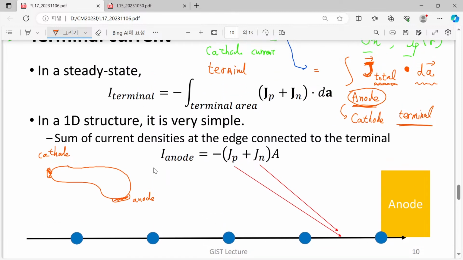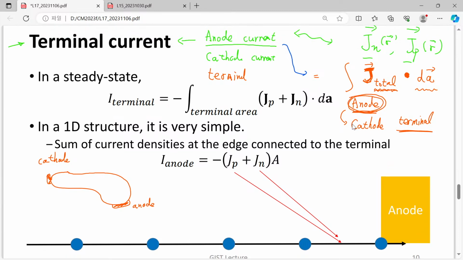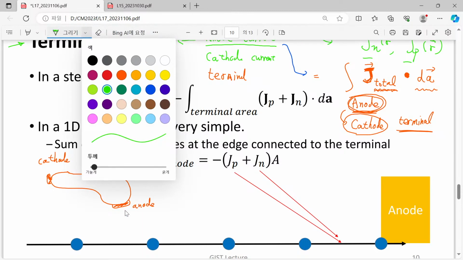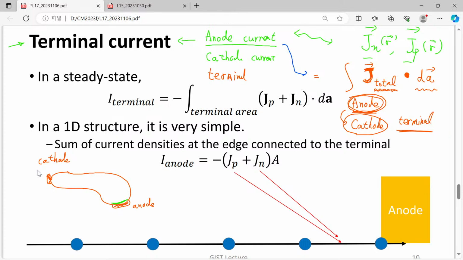Then, although this integration seems to be identical, the area or region for this integration is quite different. In order to get your anode current, you must integrate over this surface. And when you consider the cathode current, then you must take the integration over this one. That's the reason why we must distinguish these two quantities. Okay, that was a really good question.